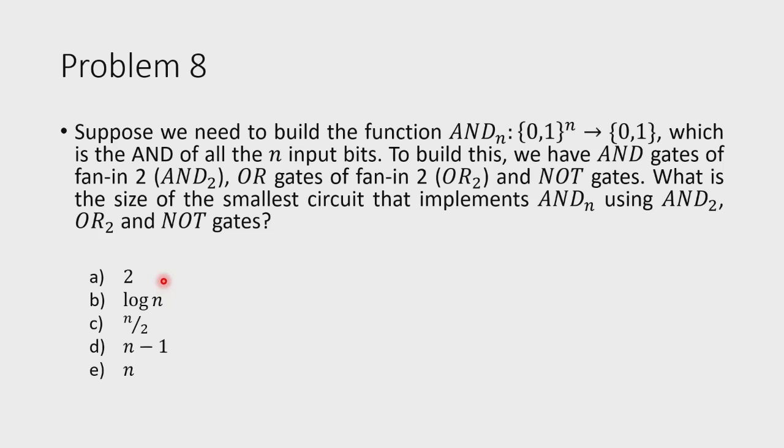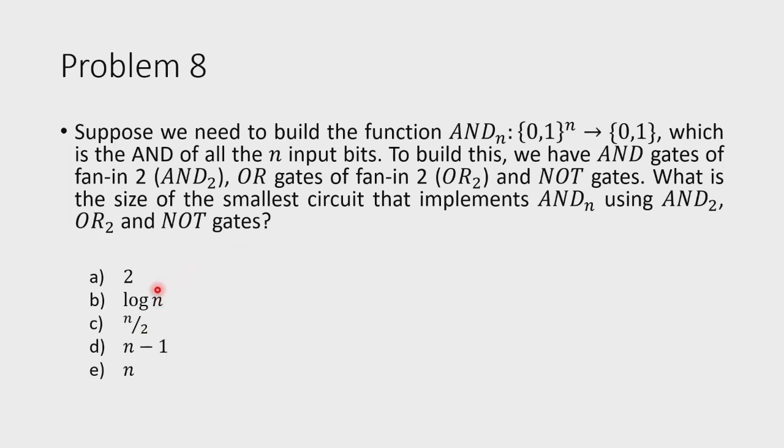For this one, I don't know whether it is the smallest, but I know this using De Morgan's law. Like we have x1 AND x2 is equal to the complement of (x1 bar OR x2 bar), right? So we can try to apply that formula, but I don't know whether that should be the smallest circuit.